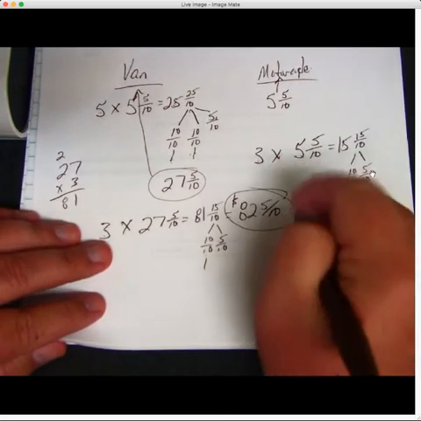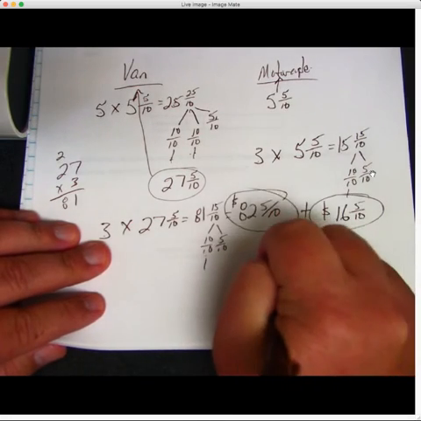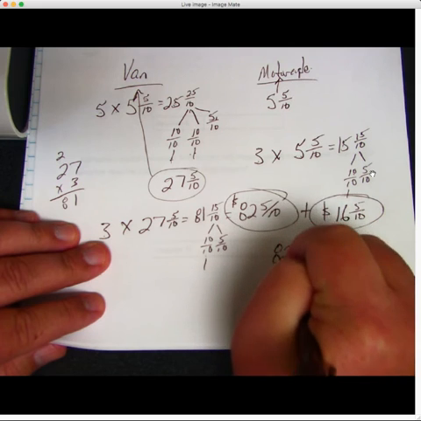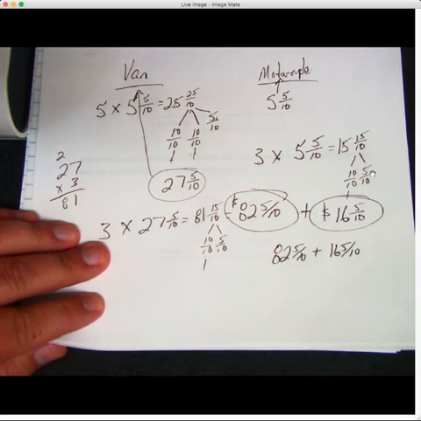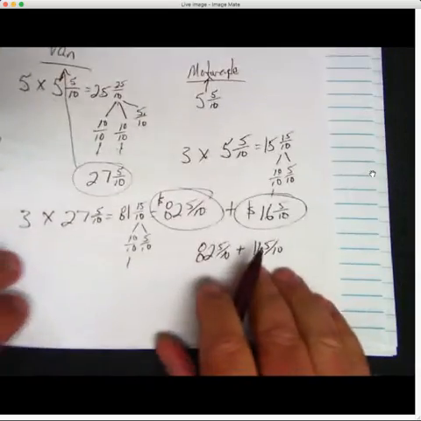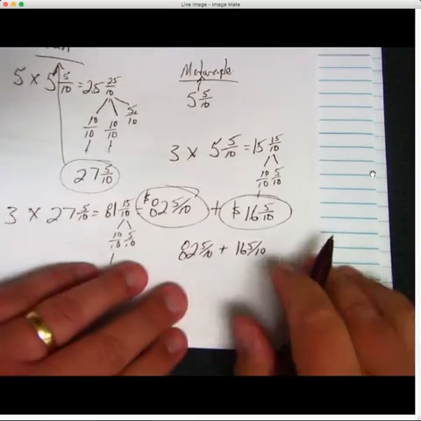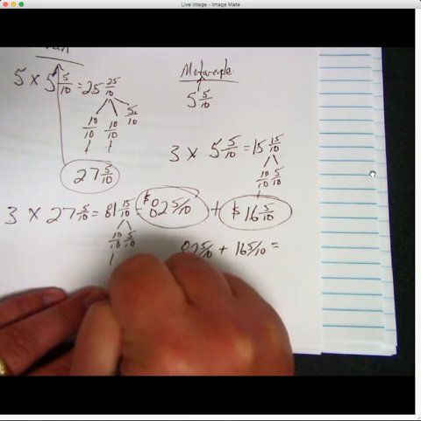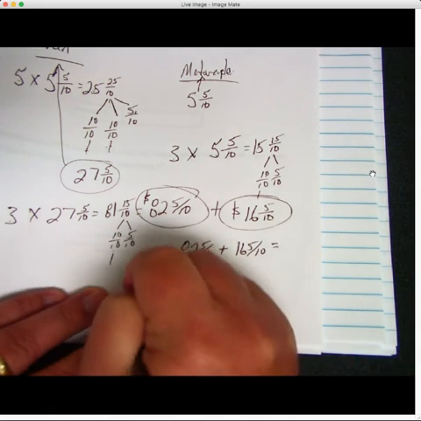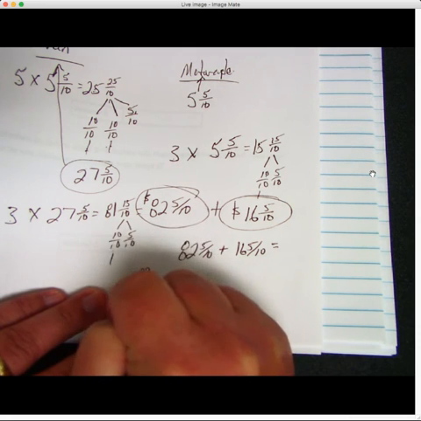So the final step is we've got to add these two together. 82 and 5/10 plus 16 and 5/10. Can you do that? Sure you can. All right. 82 plus 16, if you need to do it like this, write it out on the side. 2 plus 6 is 8. 8 plus 1 is 9.